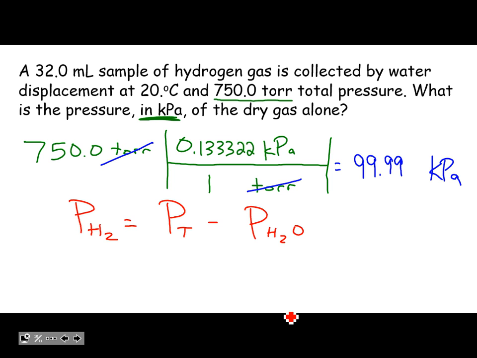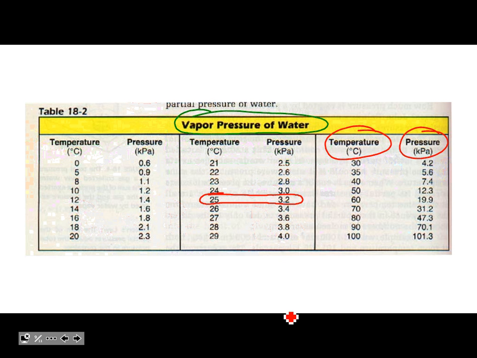Well, what's my total pressure? 99.99 kilopascals. What's my pressure of water? Well, I have to figure that out. I've got to come back to my data table and find 20 degrees Celsius. So here's my data table. Here's 20 degrees Celsius, and it is 2.3 kilopascals.